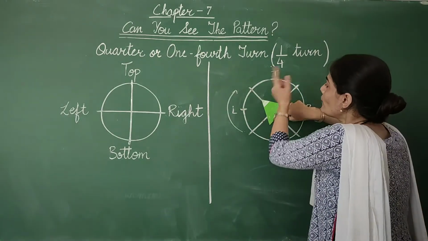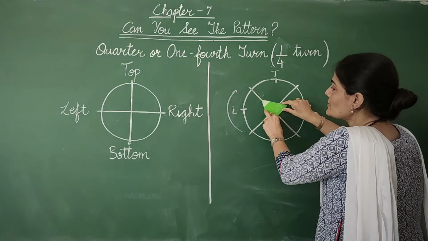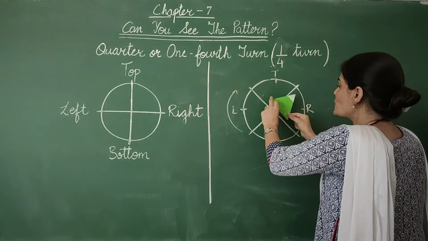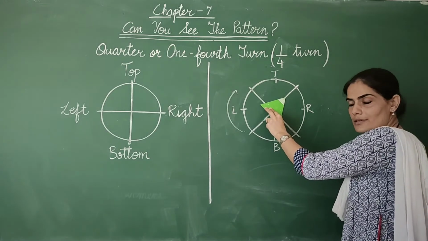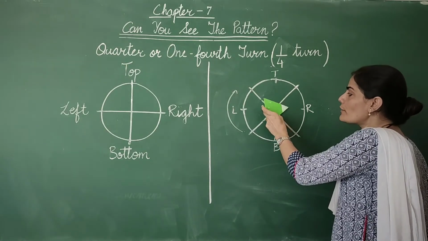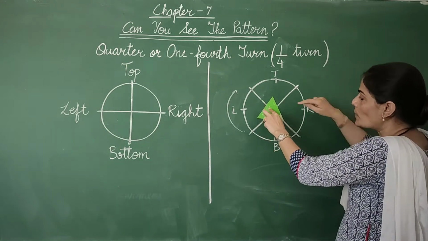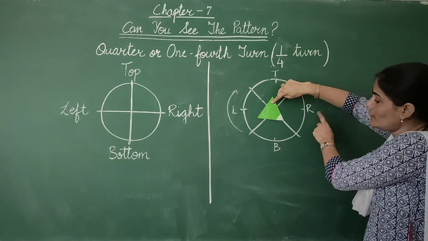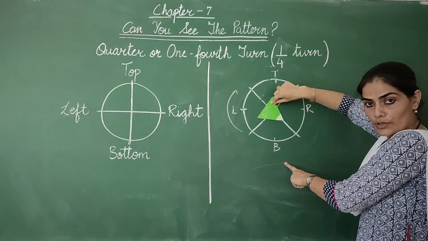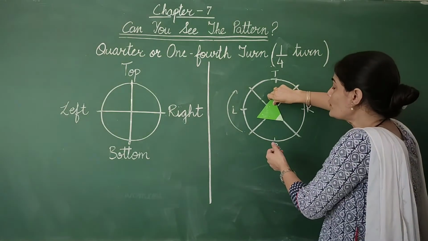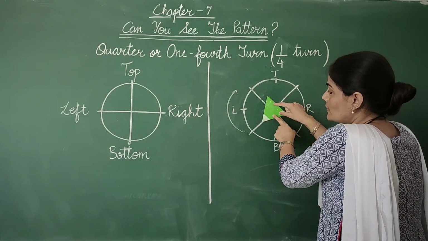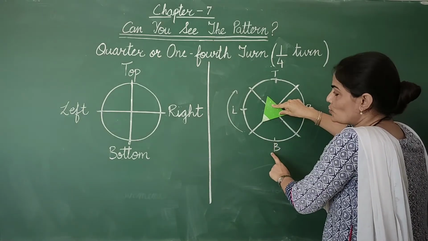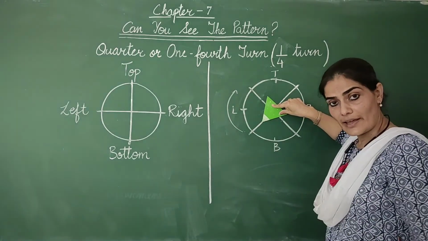Now you give it one more quarter turn clockwise. So from here, the object will point between top and right like this. And if you give it one more quarter turn clockwise, the object is going to point between right and bottom. You give one more quarter turn, where will it point? It will point towards this position, which is between bottom and left.